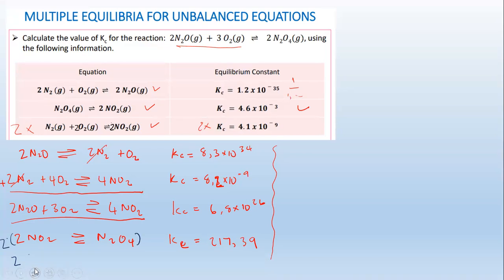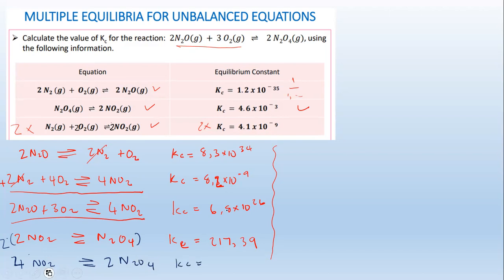Now I'm going to have 4NO2 and here I'm going to have 2 multiplied by 2 is 4, and then 2 multiplied by 1 is going to be 2N2O4. Remember, the Kc value will also be affected.